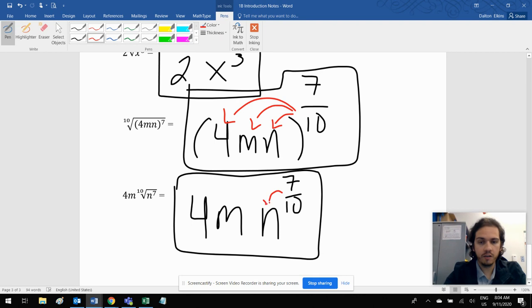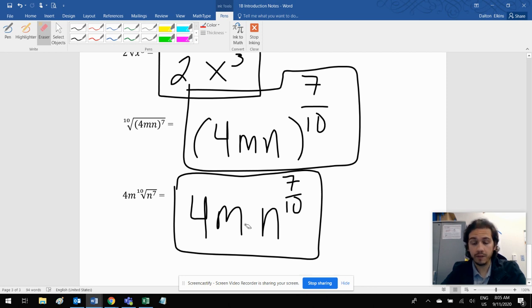Whereas the 7 over 10 here is just affecting the n, right? That's kind of what the parentheses do. That's something we did in 1a. And I just want to point out to you guys that the parentheses include everything as the base. Whereas here, if there's no parentheses, the base is just n. So just a key difference to keep in mind when you're going through these problems.